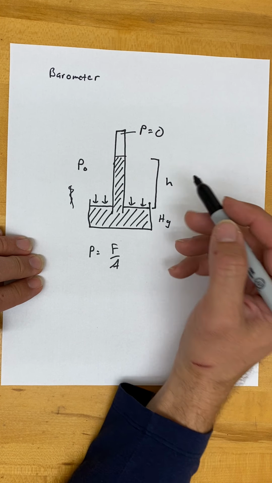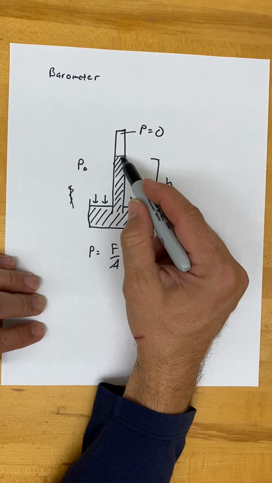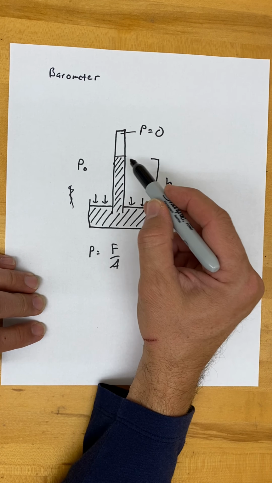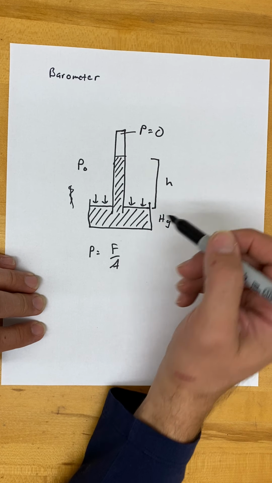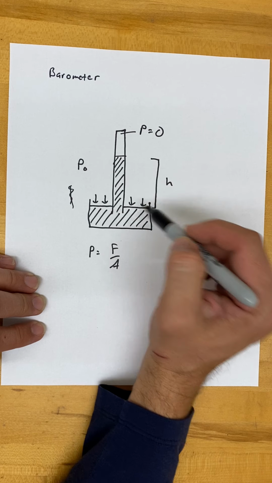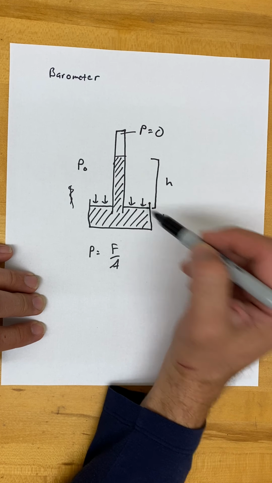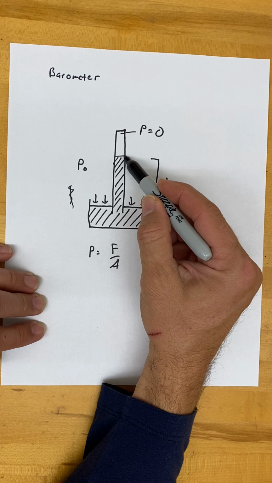And of course, you can run the Newton's second law analysis here. The net force on this surface has to equal mg, where m is the mass of the mercury inside this column. You could then turn that into a rho gh if you're clever about it. But if these forces go down, the column falls.